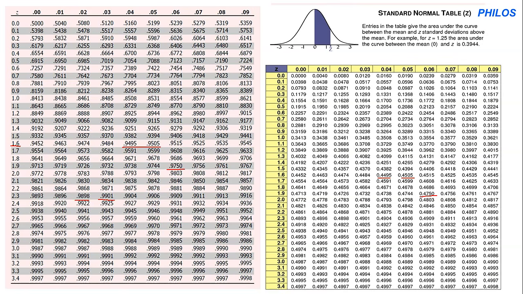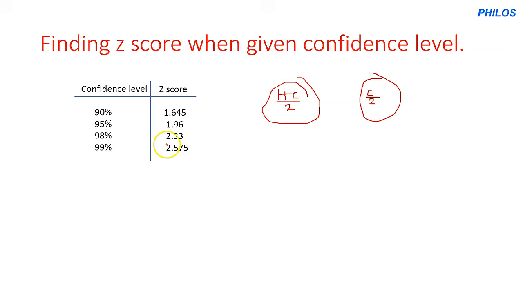Or when you check the two of them, you realize that 0.9901 is closer to 0.9900 than 0.9898. So because 0.9901 is closer, you can just take the z-score of 0.9901 straightforward, and that is 2.33. So the z-score for 98% is 2.33.